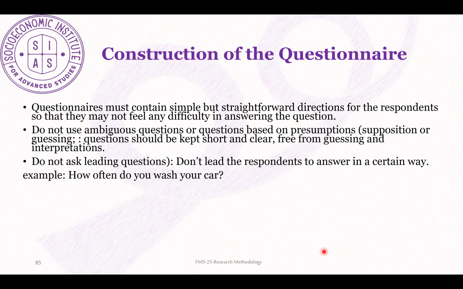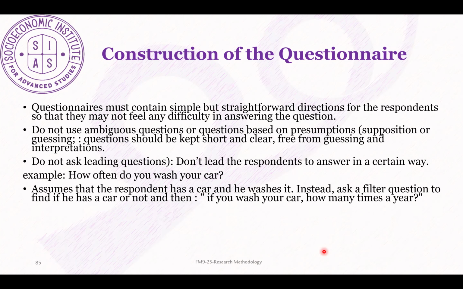Okay. For example, we should not ask, how often do you wash your car? These are leading questions. Instead, we should ask first whether they are washing their car or not. Then, based on that, we can ask the second question, which is how often they wash it.